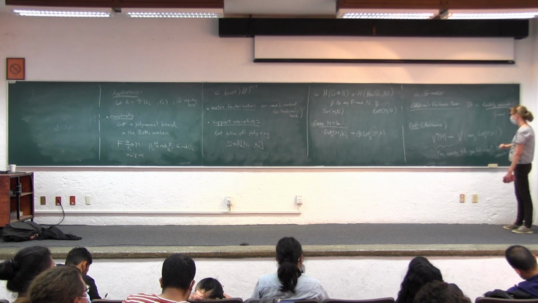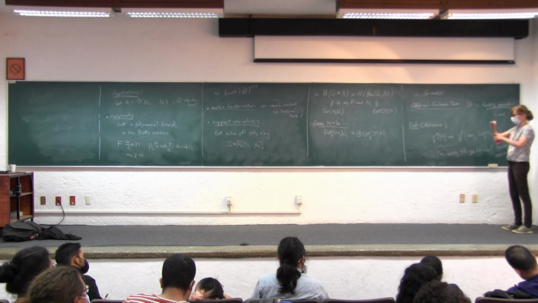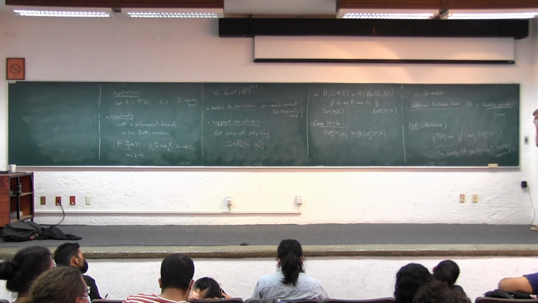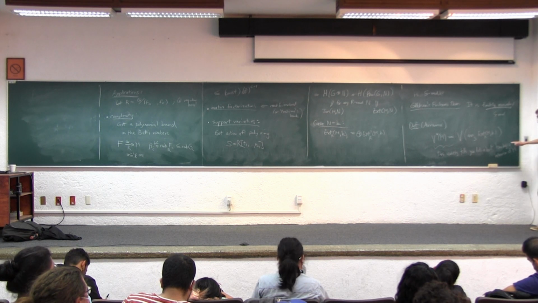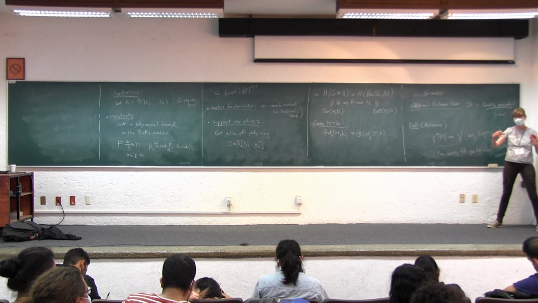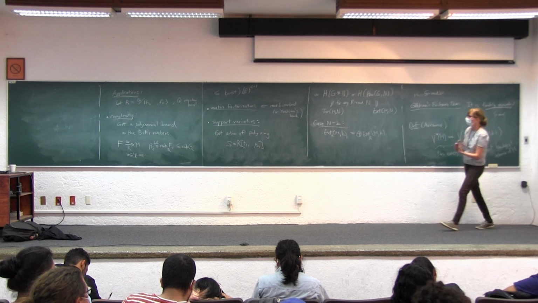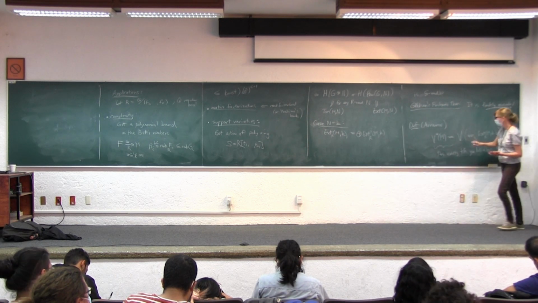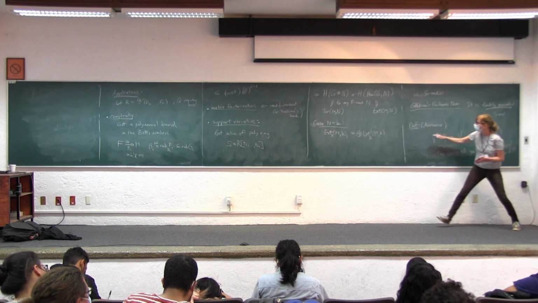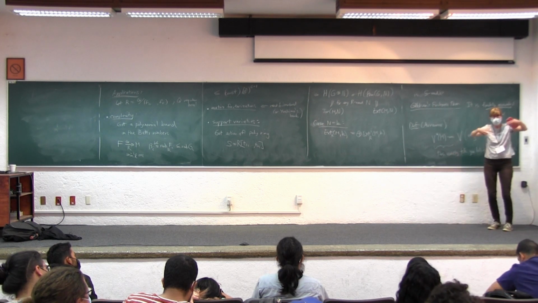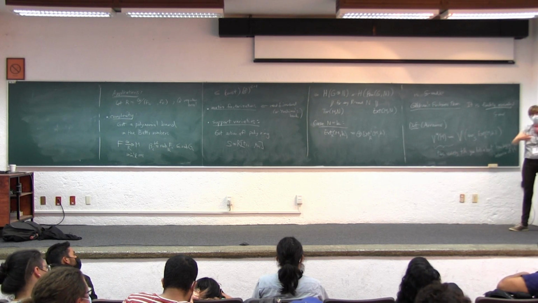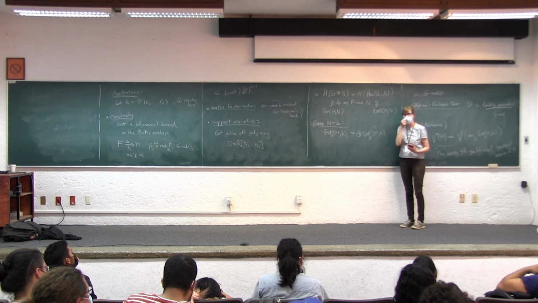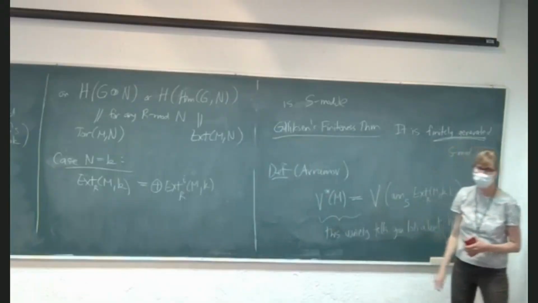But it also tells you, if you have two modules, how their Ext's interact with each other. By knowing the support variety of each of them separately, and then looking at the geometry of those two things and intersecting, it tells you stuff about the interaction. So it tells you a lot.